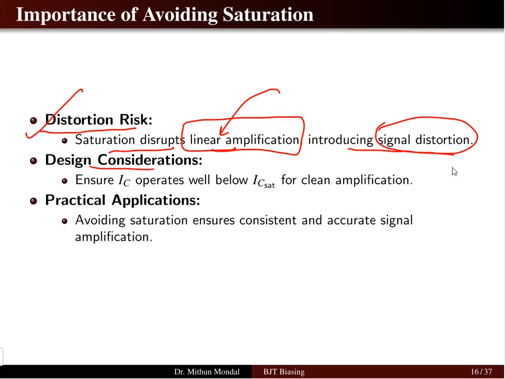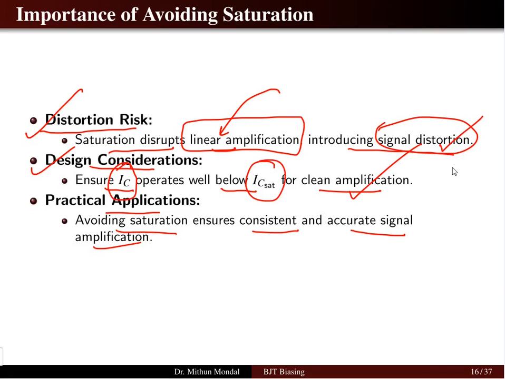If you talk about design consideration, it ensures that collector current operates well below the maximum saturation current for a clean amplification process. In practical application, avoiding saturation ensures consistent and accurate signal amplification. So in order to have a clean amplification process without any signal distortion, you should keep the collector current below the maximum collector saturation current.